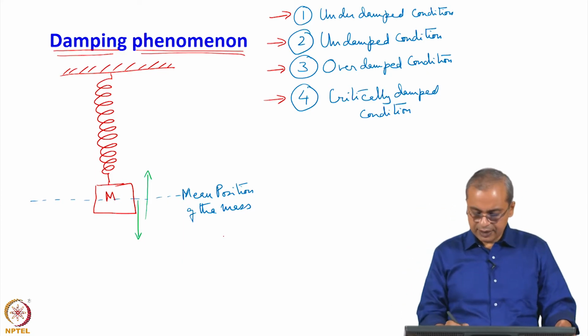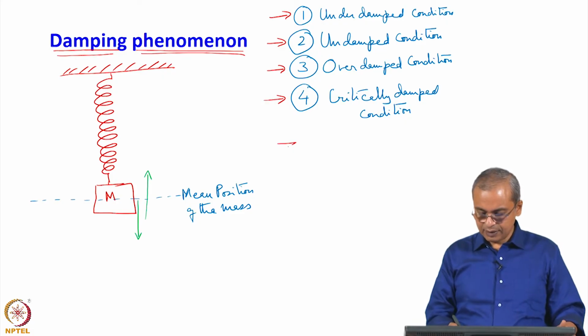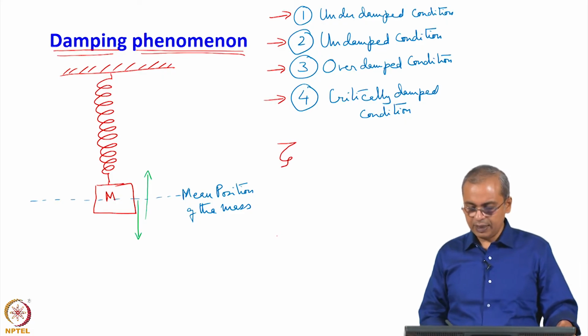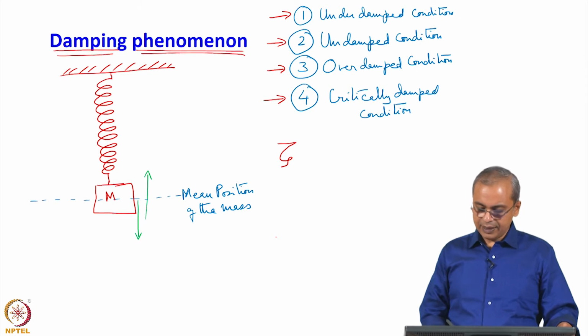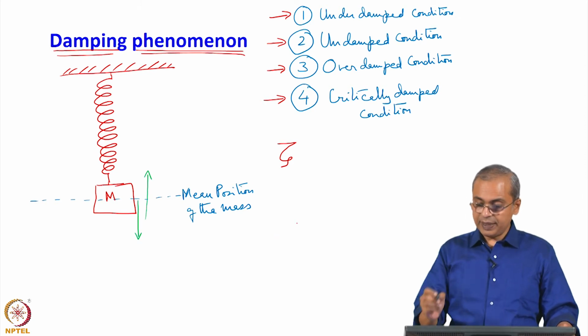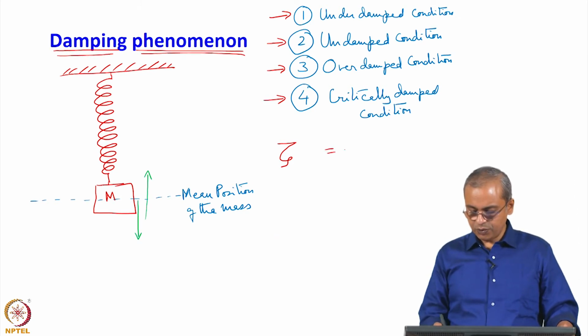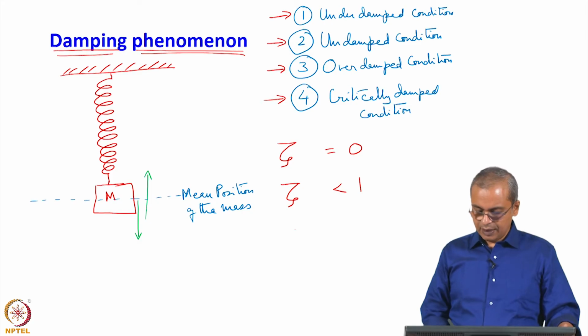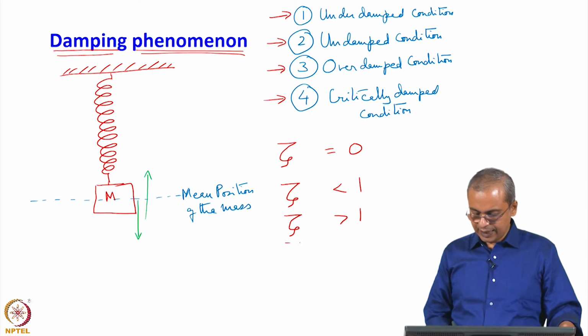And to follow these, there is a parameter zeta that is used. When it is undamped, zeta is equal to 0. If it is underdamped, zeta is less than 1. If it is overdamped, zeta is greater than 1, and if it is critically damped, zeta is equal to 1.